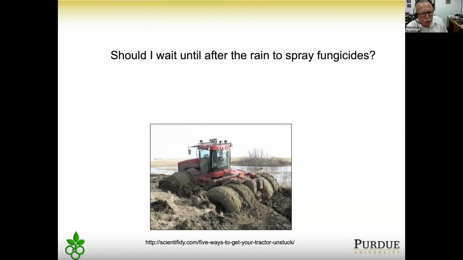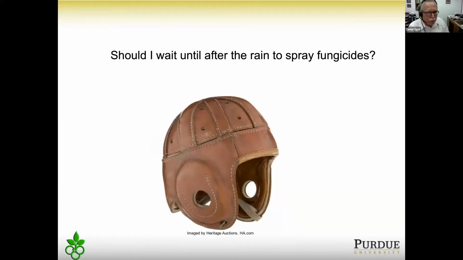So this doesn't fall into that 8 to 24 hour period like I mentioned, but still, if you can possibly get that fungicide on before rain, you should probably just go ahead and put it on, because the rain is really when you need that fungicide on the leaf, because rain is what is closely linked to disease.